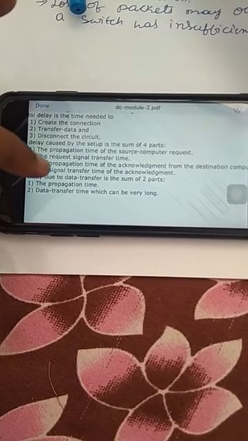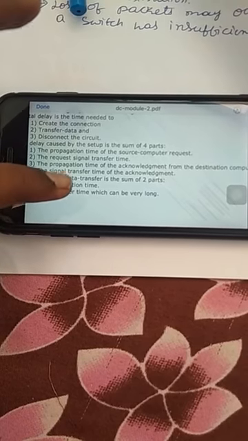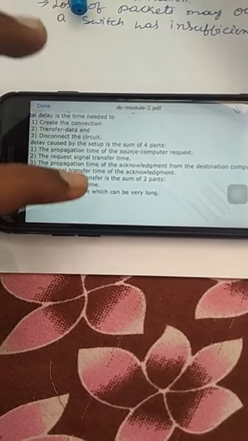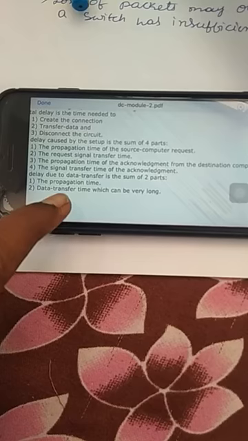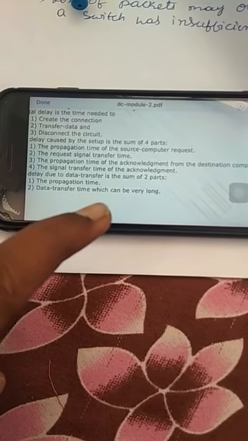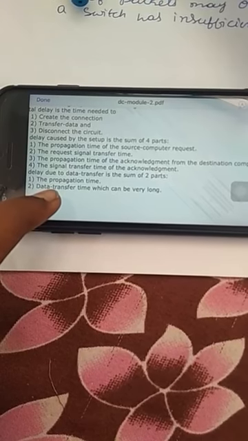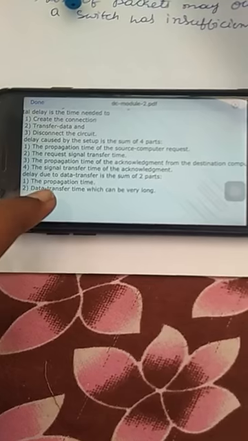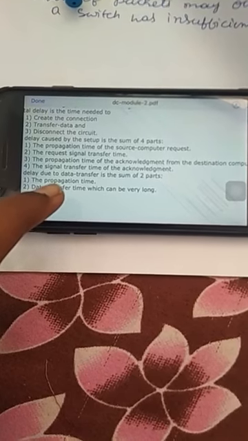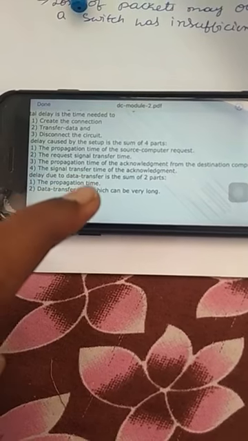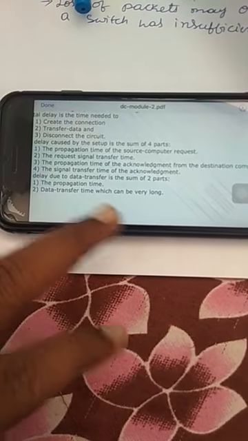Next, there are 2 parts related to delay due to data transfer: the propagation time and data transfer time, which can be very long, means the time taken to transfer the data from sender to receiver, or acknowledgement information from receiver to sender, is very long.